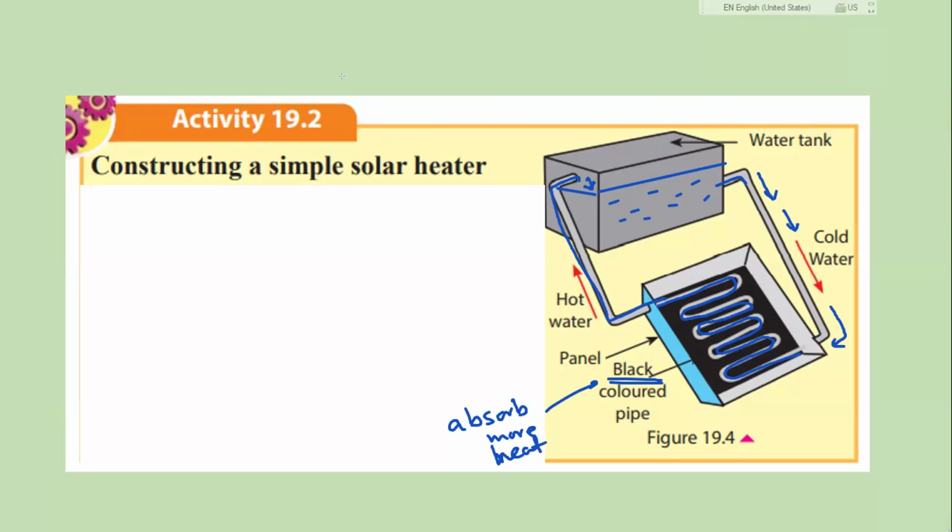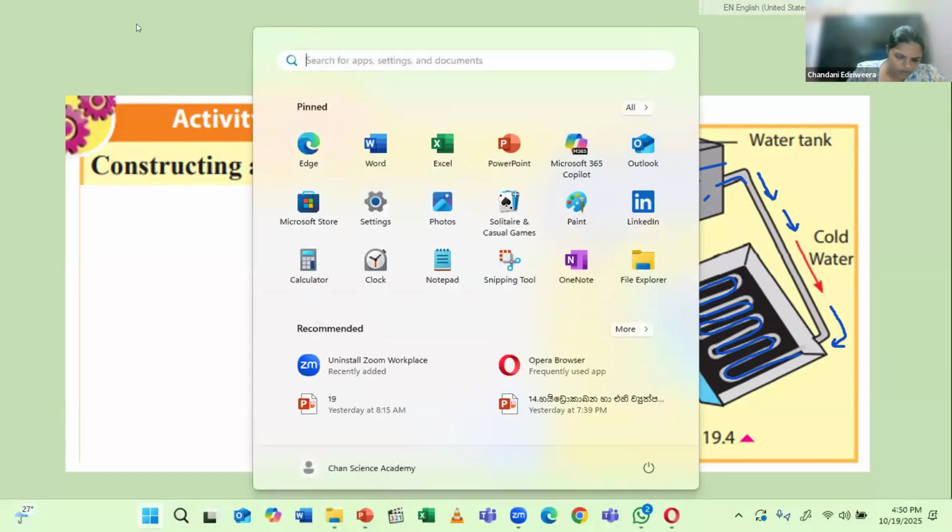Yes, we'll draw this one. Okay. Madam, I can see the screen.